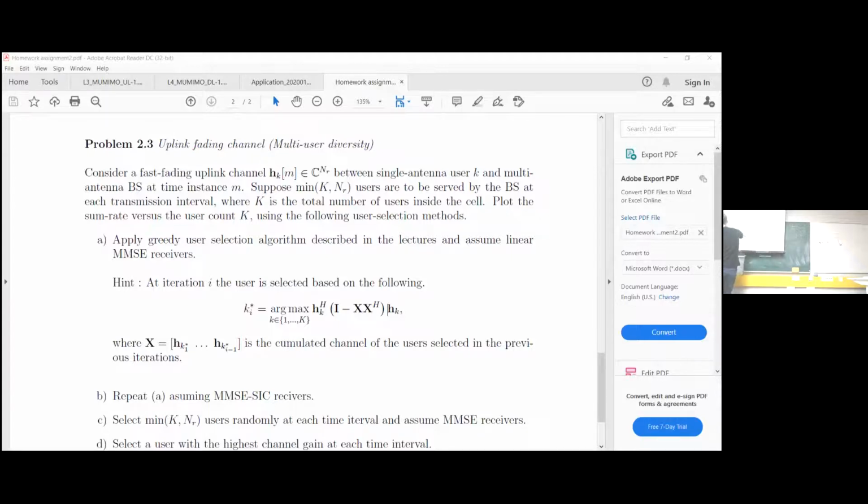Right? So think about user 2, that we have user 2 here, the desired signal. So if you think about SINR, P2 times H2 Hermitian times U2.